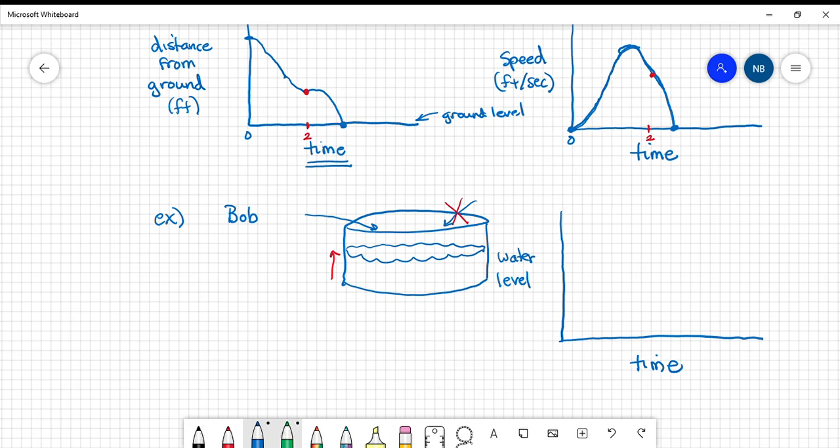Now remember, for the first several minutes, so clock is ticking, tick, tick, tick, there are two hoses filling that pool. So the water level, which starts out at 0 because there's no water at first, is going to rise pretty quickly. But then along comes Bob's wife, and she takes away one of those hoses. Well, the water level is still increasing because the one hose is still filling the pool. However, at that moment, there's a turn or a corner on the graph, and now the water level goes up more slowly. Okay?